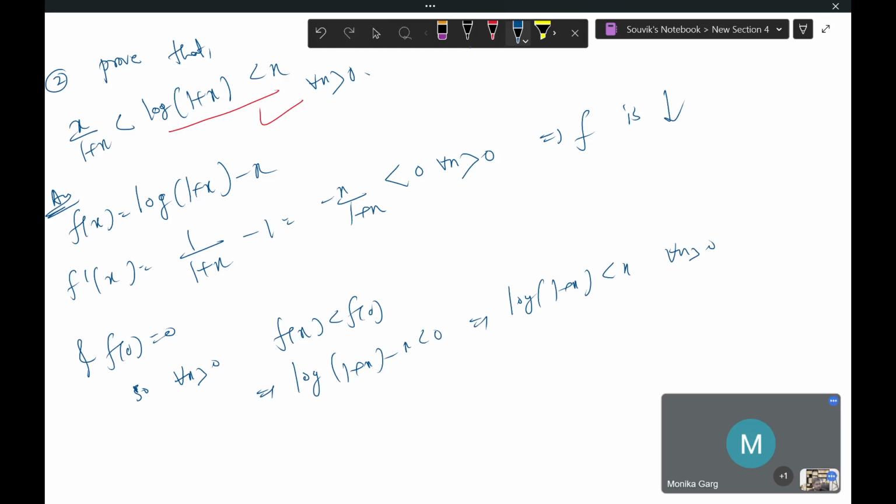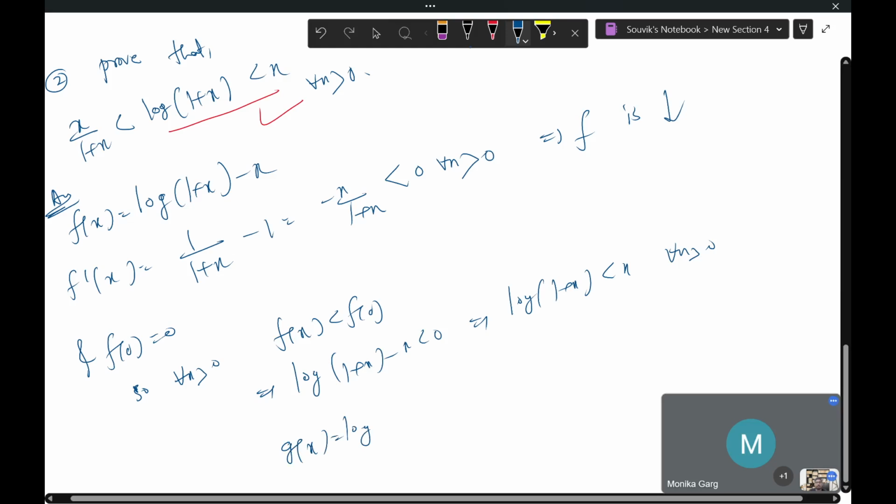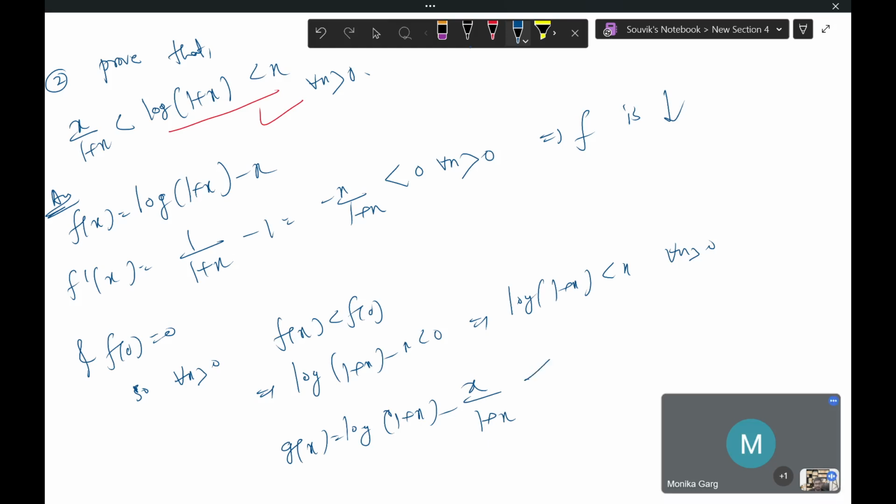In the other part also, you can choose g of x to be log of 1 plus x minus x by 1 plus x and do the same way. But first, just do this right now, okay? Take your time, you do this and let me know, okay?